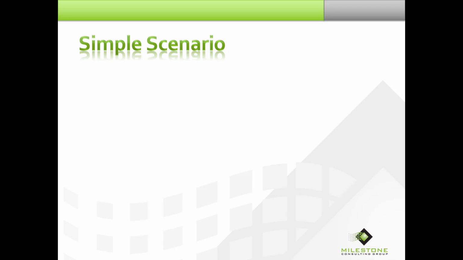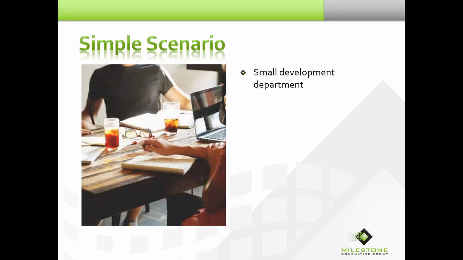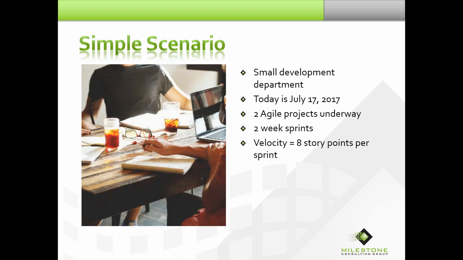Let's start with a simple scenario. Suppose we've got a small development department and today is Monday, July 17th, 2017. We've got a couple Agile projects that are underway. We're using 2-week sprints, and our velocity is 8 story points per sprint.